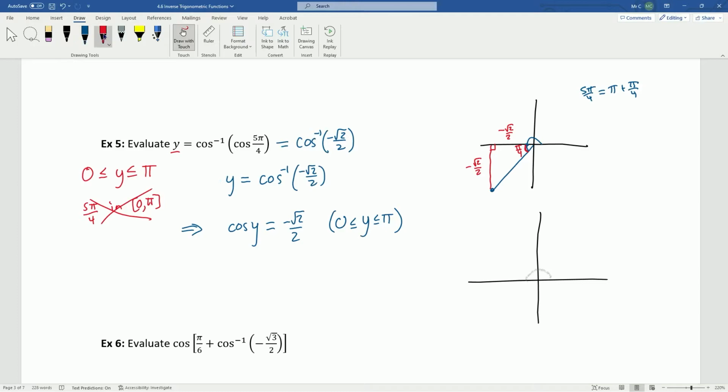Well, if cosine is negative, I have to be in the second quadrant. So this is negative root 2 over 2. But if this is negative root 2 over 2, then my other side is positive root 2 over 2. And across from that side, root 2 over 2, I always have to get the angle pi over 4. But pi over 4 isn't the angle I want. I want the angle from the positive x-axis. That's 3 pi over 4. So that's my angle, 3 pi over 4.